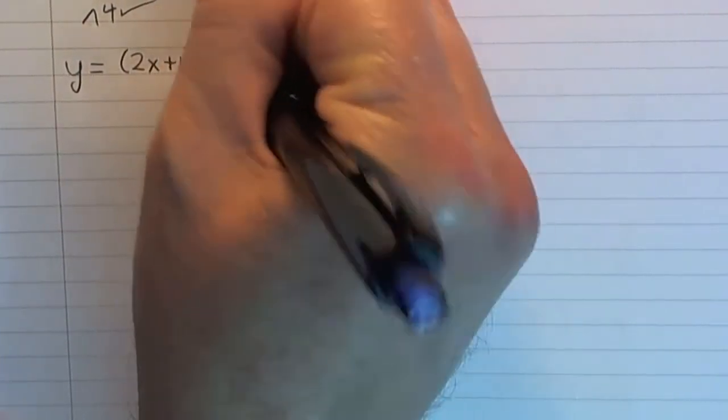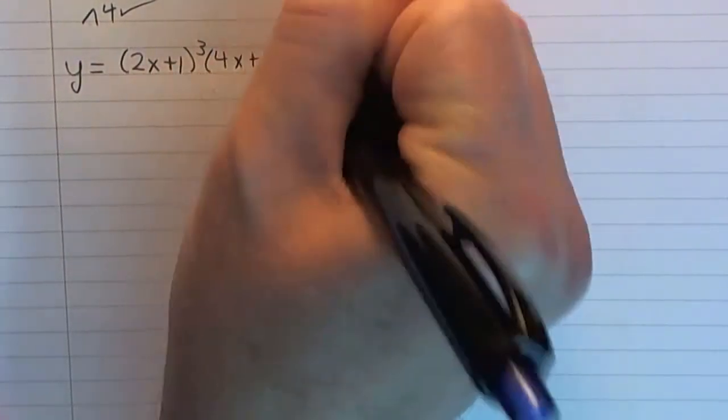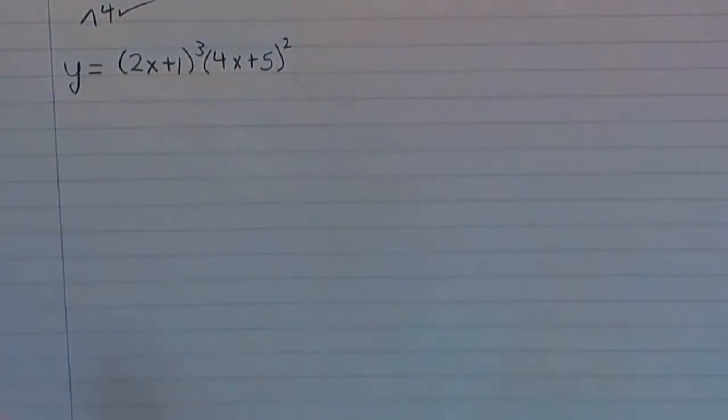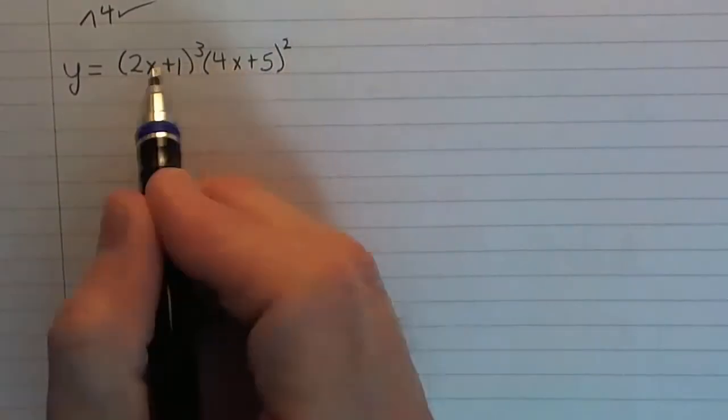Now let's look at another one here. Let's put product rule and chain rule together. So let's suppose we've got 2x plus 1 to the third times 4x plus 5 to the second, something like that. Now notice this is a product.